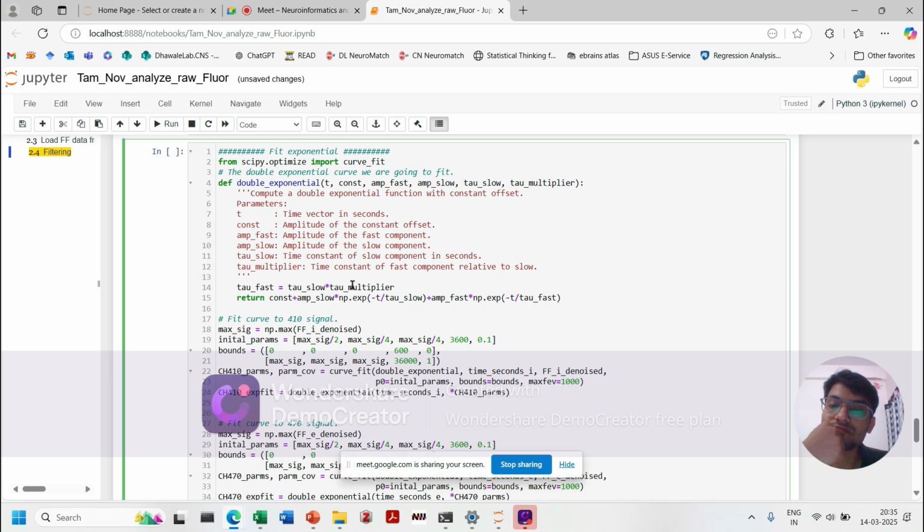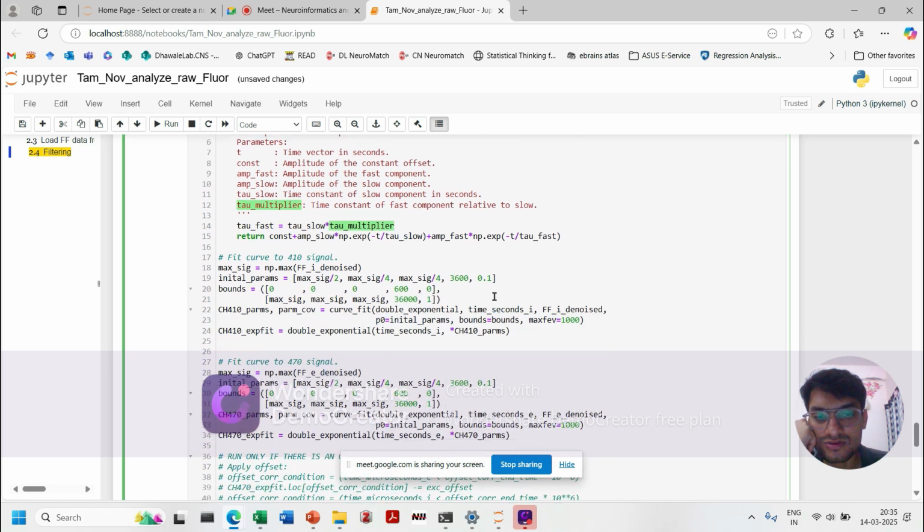Small b is obtained by a tau multiplier. These are just quirks of individual functions. You can have a tau fast as small b also. That's okay, but you give initial parameters. So these are the initial parameters that you give.